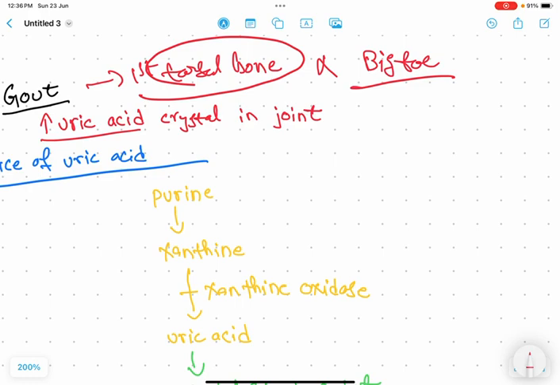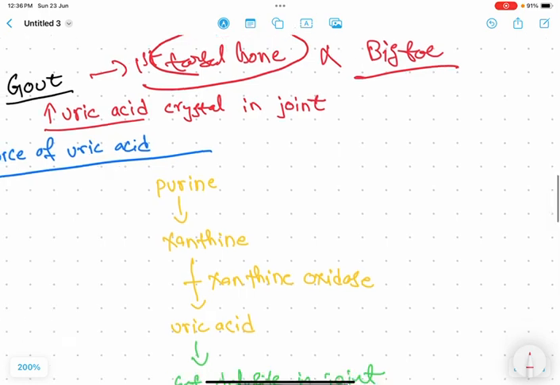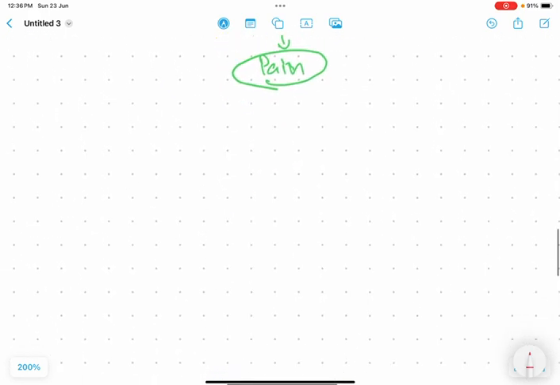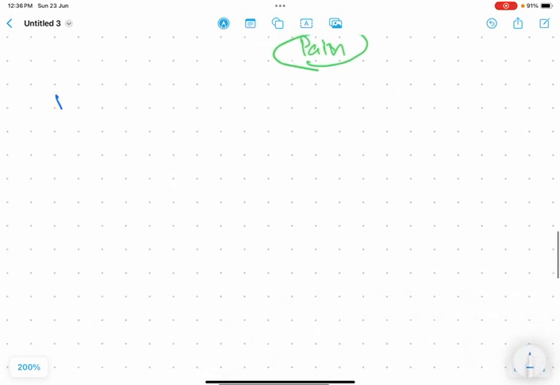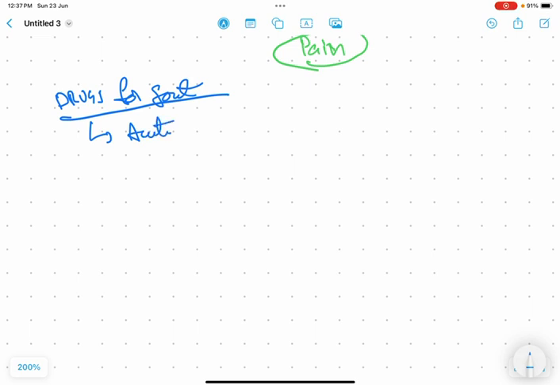This uric acid accumulation mainly occurs in the big toe. And from now we are going to discuss the drugs for gout. The drugs are divided into those for acute gout and those for chronic gout.